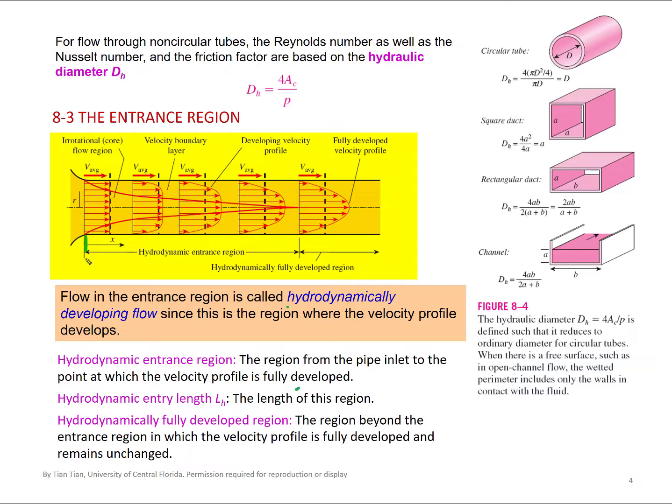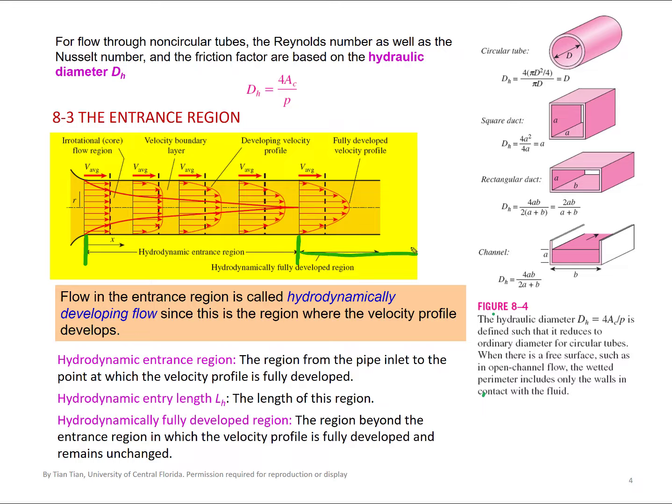The region from the pipe inlet to the point where velocity boundary layers meet in the center is called the hydrodynamic entrance region. Flow in this region is called hydrodynamically developing flow, where the velocity profile changes along the x direction. And the length of this region is called hydrodynamic entry length.